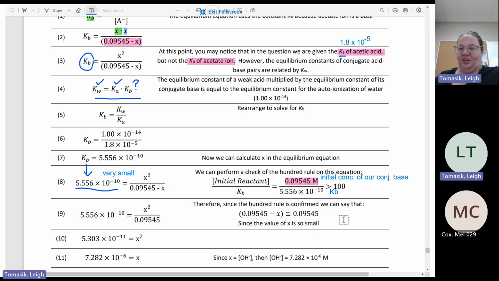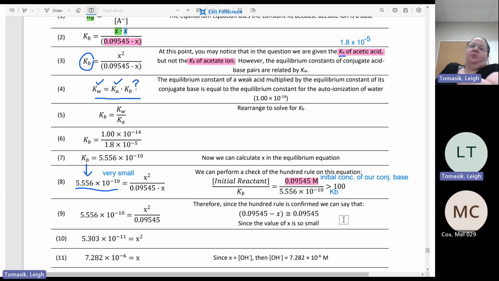Okay, let me try that again. 0.09545 divided by 5.556 times 10 to the negative 10 is a really, really big number.